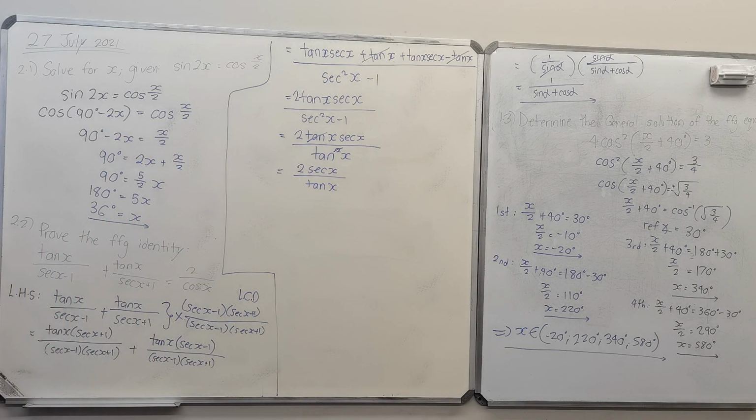Right. Yeah? Okay. Can you simplify any further? Yes. How? Change the same to sin and cos. And you said 1 over cos. And then the sec to 1 over cos. Sec also to 1 over cos.